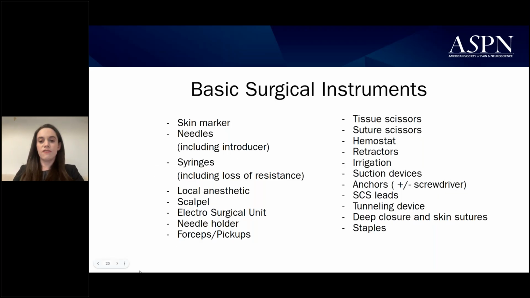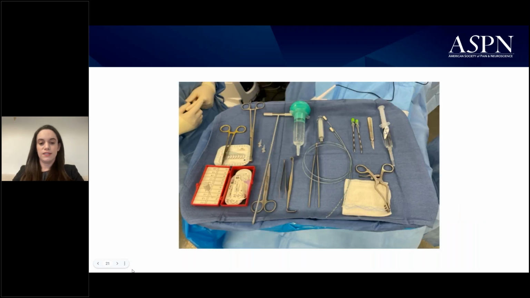And this is a list of basic surgical instruments for spinal cord stimulator implantation, which we can see on a picture in our next slide. And here you can see our needles.